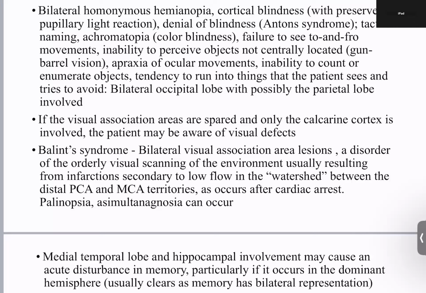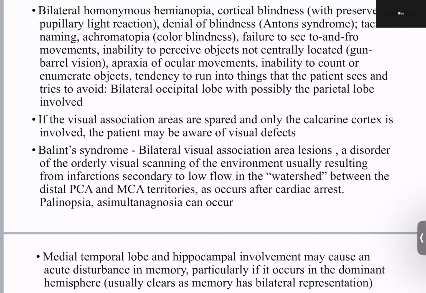If the visual association areas are spared and only the calcarine cortex is involved, the patient may be aware of the visual defects. Balint syndrome, that is a bilateral visual association area lesion, is a disorder of the orderly visual scanning of the environment, usually resulting from infarctions secondary to low flow in the watershed area between the distal PCA and MCA territories, as occurs after cardiac arrest.